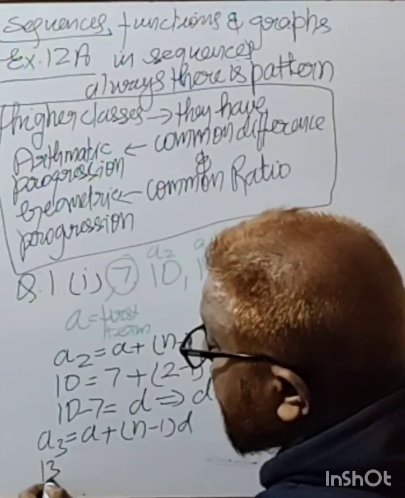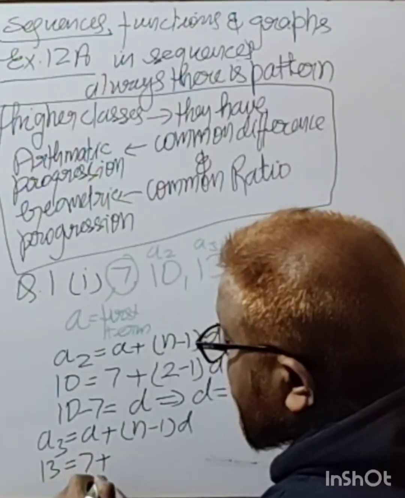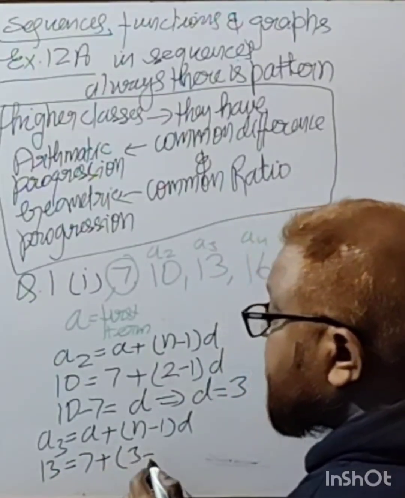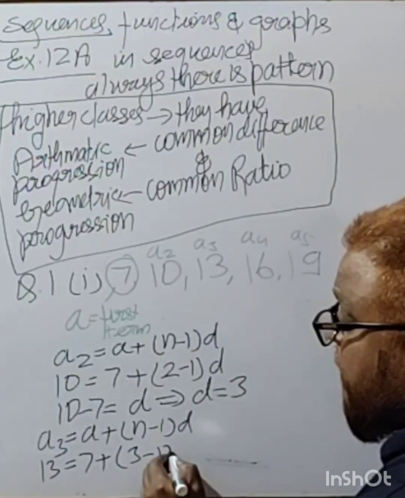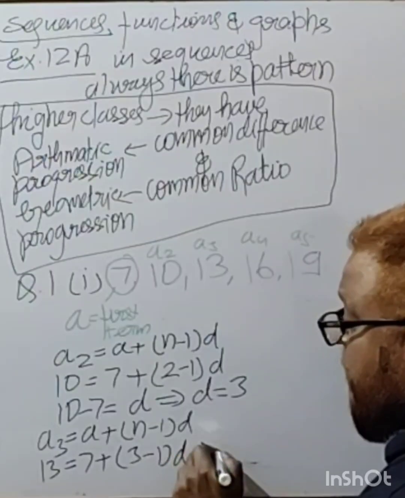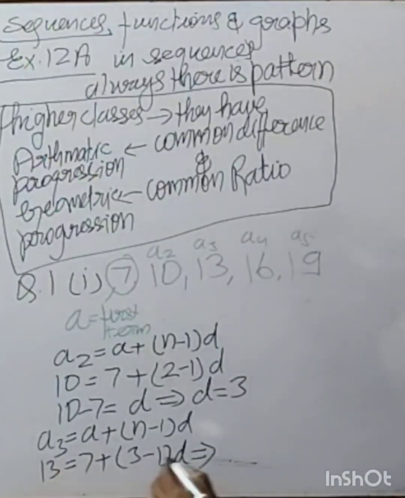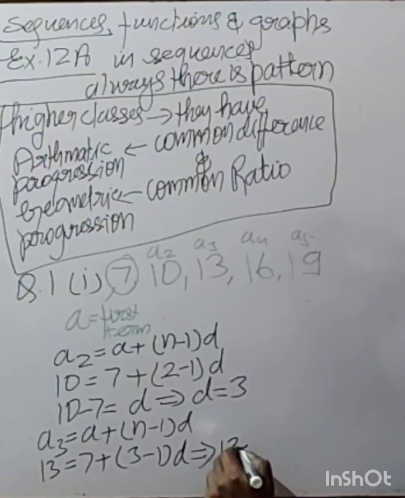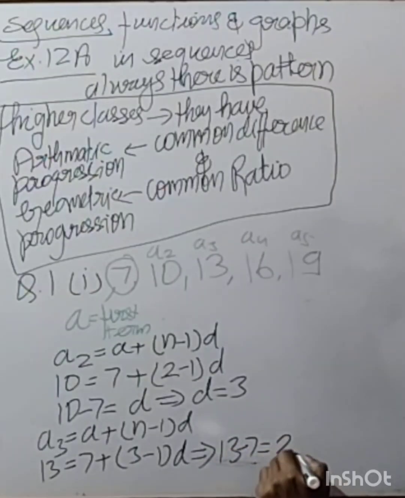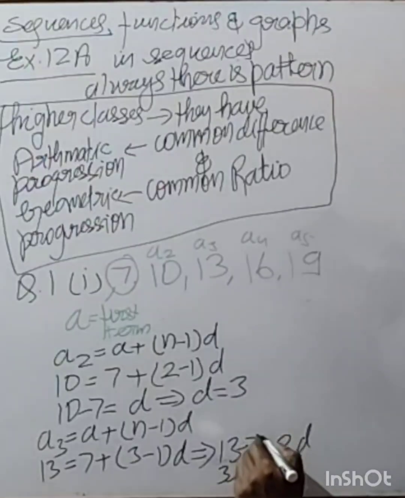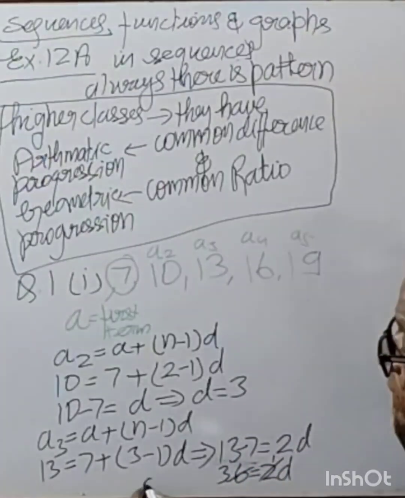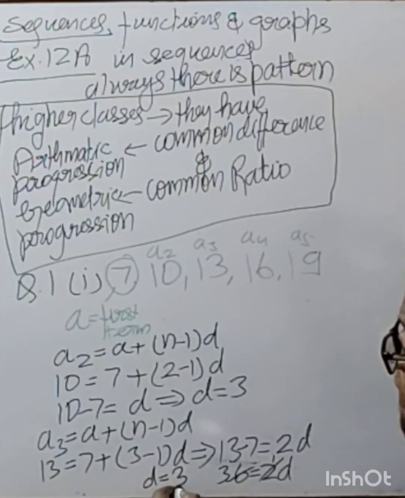So 13 is equal to 7 plus 3 minus 1 into D. So 13 minus 7 is equal to 2D. So 6 is equal to 2D, so D is 3.